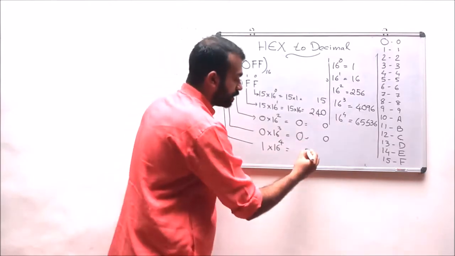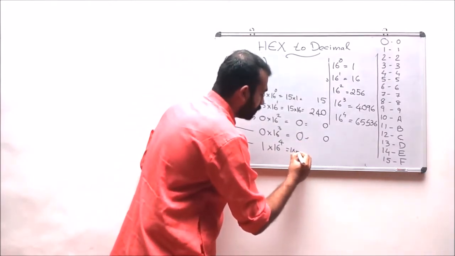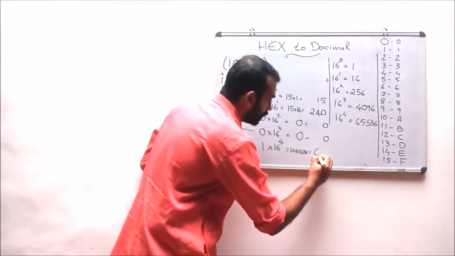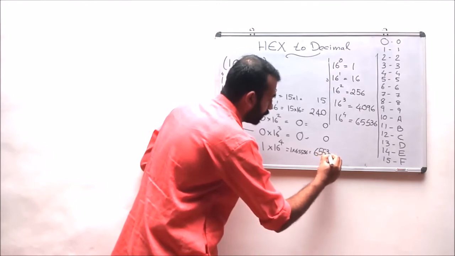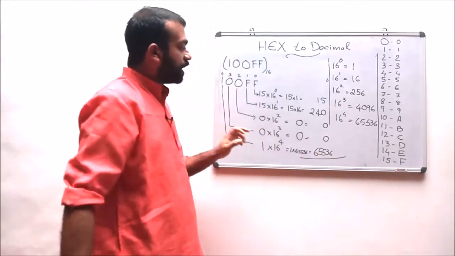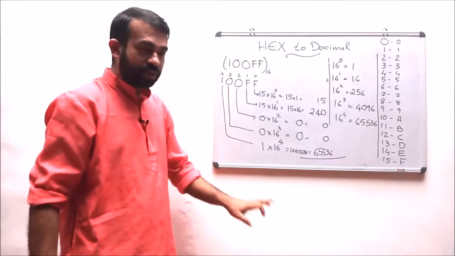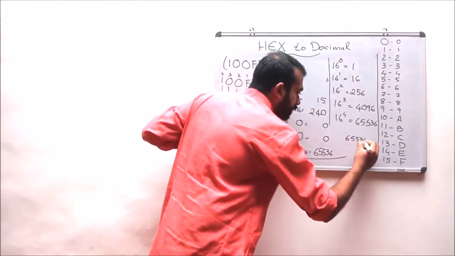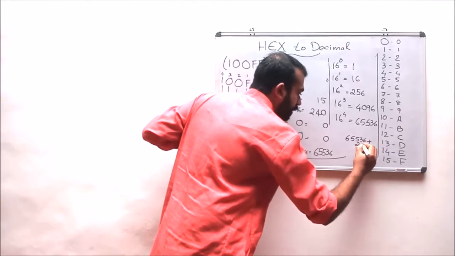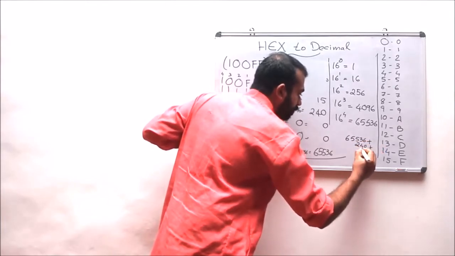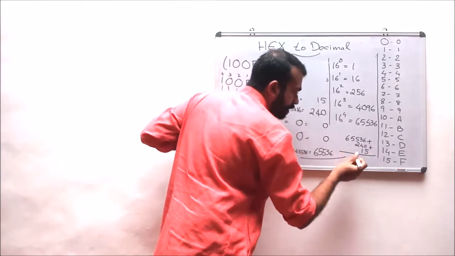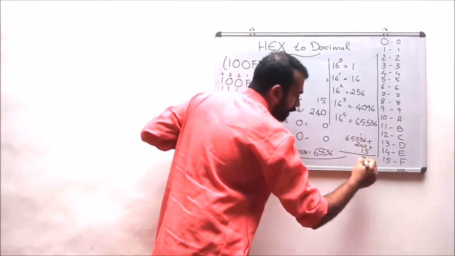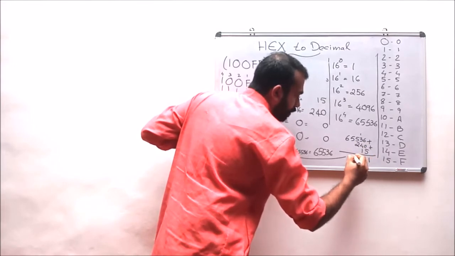16 raised to 4 is 65536, so 1 into 65536 is equal to 65536. In the last step, add all these numbers. That is 65536 plus 240 plus 15. This will result in 65791.